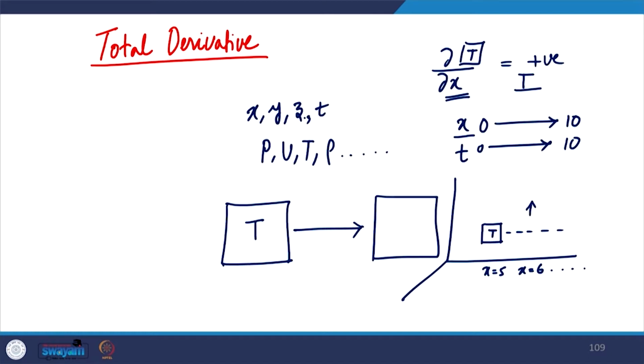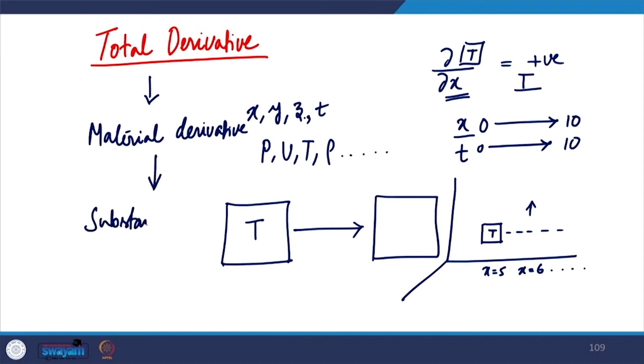What will be the effect of motion from one point to another? This change is accounted for in what is called the total derivative. It is also called the material derivative, and it is also known as the substantial derivative. These are the three different names we use for this particular change.